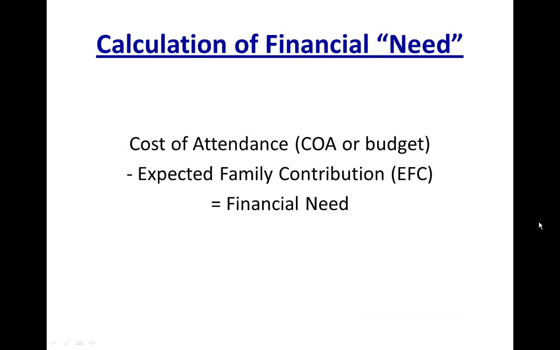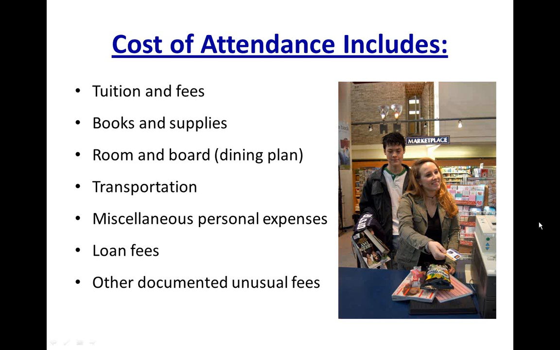The calculation of financial need takes into consideration the cost of attendance, the COA, also known as the budget, minus the expected family contribution equals financial need. The standard cost of attendance includes tuition and fees, books and supplies, room and board, also known as the dining plan, transportation, miscellaneous personal expenses, loan fees, and other documented unusual fees such as child care if the student has a child, and a computer purchase.